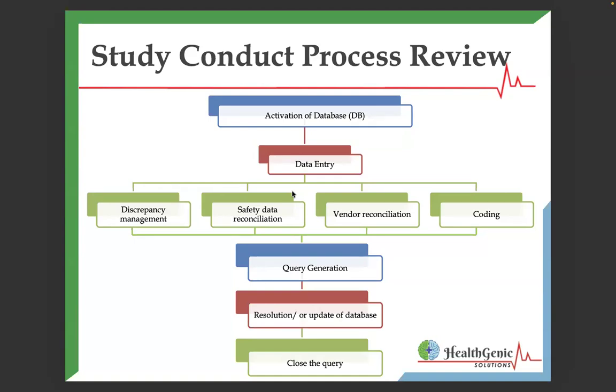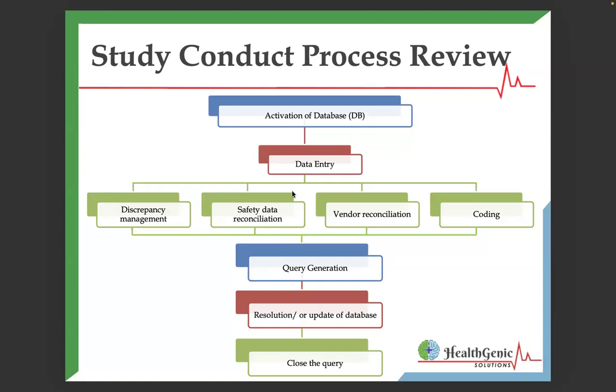And safety data reconciliation, nothing but when the same data is entered in two different databases, two different systems, namely pharmacovigilance data and adverse event data that is there in the data management. I'll explain in the coming session, don't worry. So we will compare whether the data is entered correctly in both systems or not.